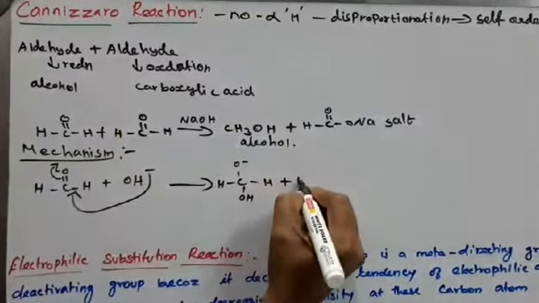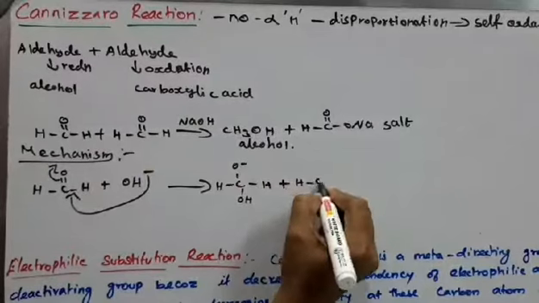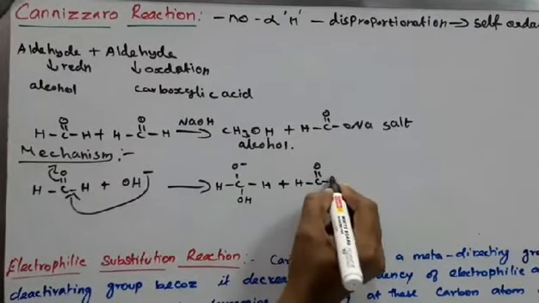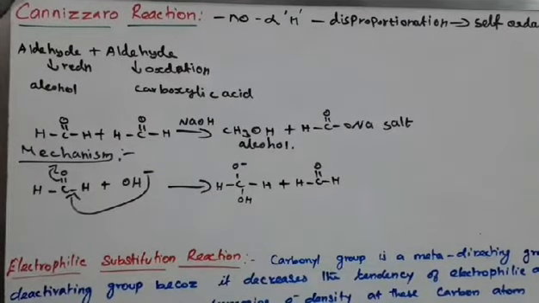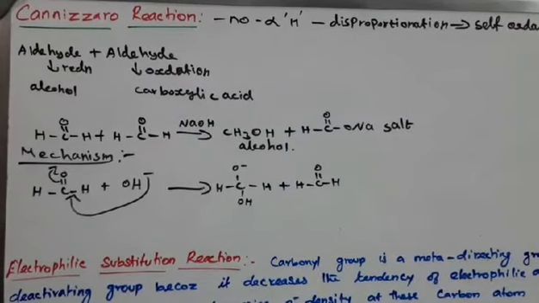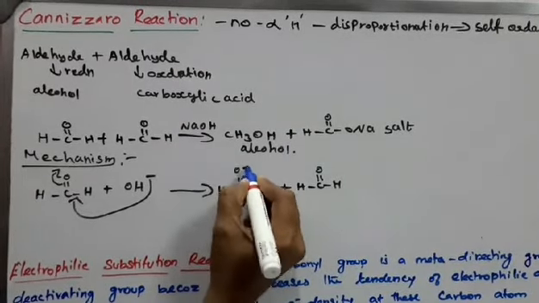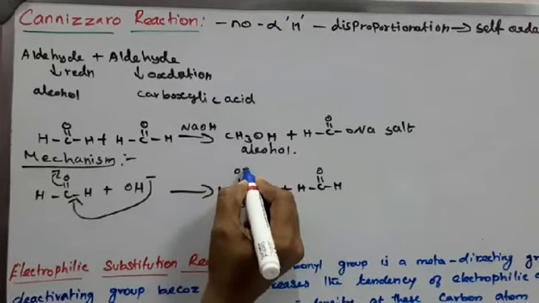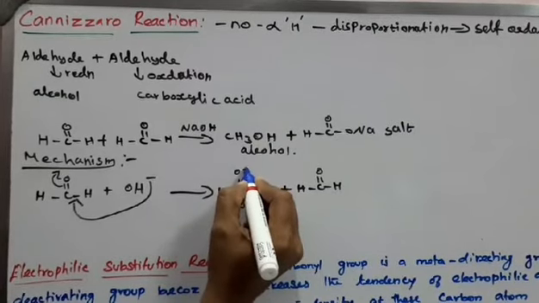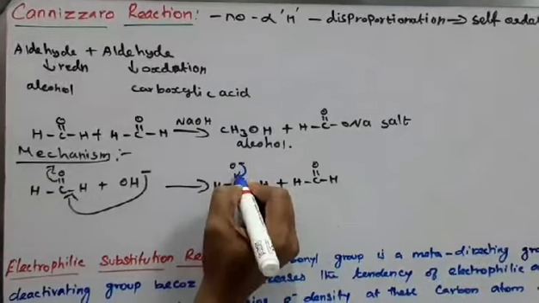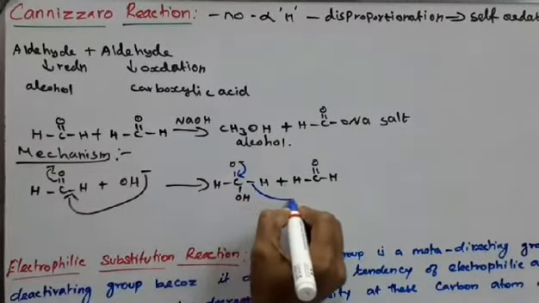Another molecule, take formaldehyde H C double bond O H. For this, the pi bond electron, the O minus is electronegative, the electron is shifted to here, that time this bond is shifted to here.